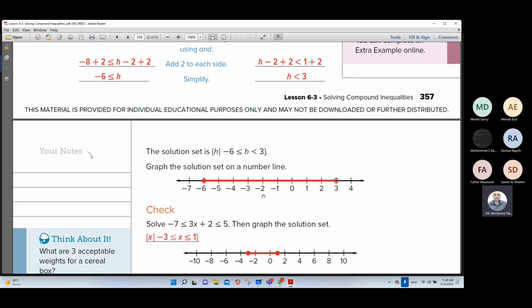For h greater than or equal to minus 6, represent minus 6, and we have equal in the sign, so draw a shaded circle. Then represent 3. We don't have equal in the sign, so draw an open circle. So the solution is between negative 6 and 3, including negative 6 and not including 3.